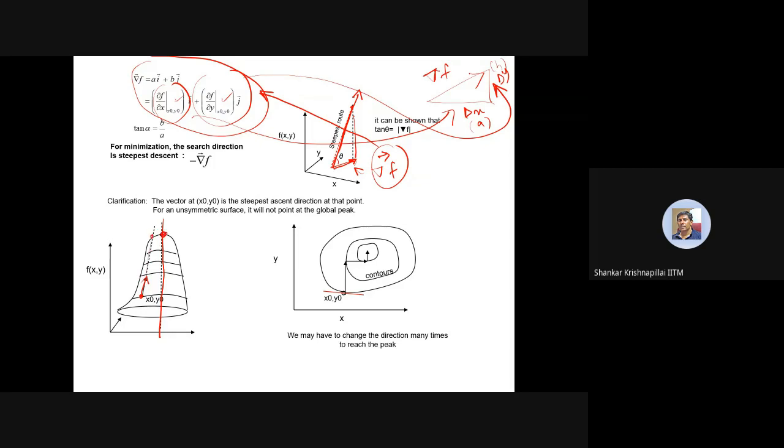It will touch some other point here, and then you have to change the direction. So what you see here is the schematic diagram of how the direction is repeatedly changed at each contour. And finally, after a lot of zigzagging, you will reach the global peak.